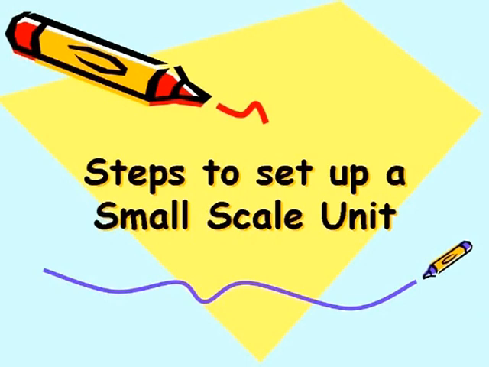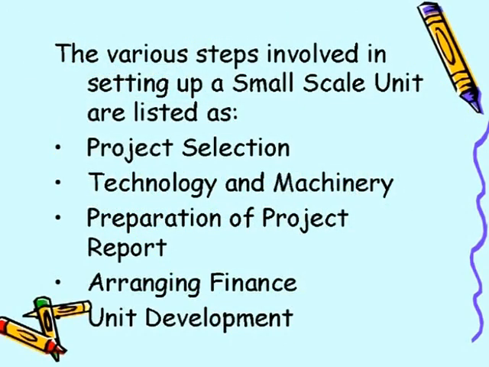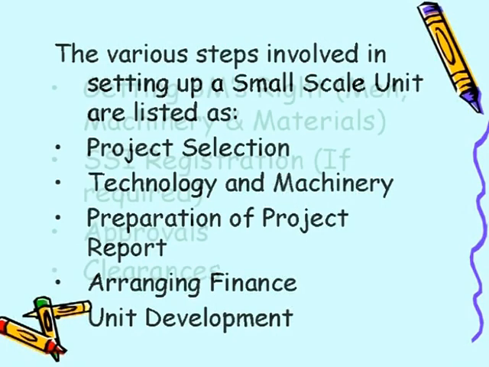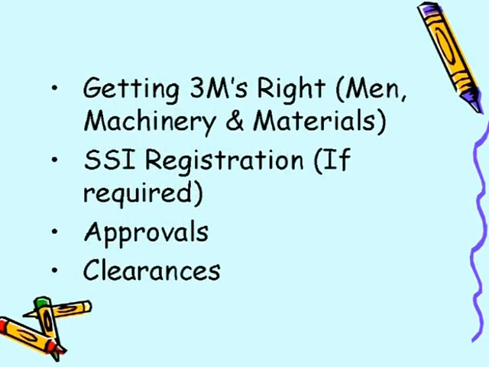Steps to set up a small-scale unit. The various steps involved in setting up a small-scale unit are listed as project selection, technology and machinery, preparation of project report, arranging finance, unit development, getting 3 M's right, that is men, machinery and material, SSI, that is small scale industries, registration if required, approvals, clearances.